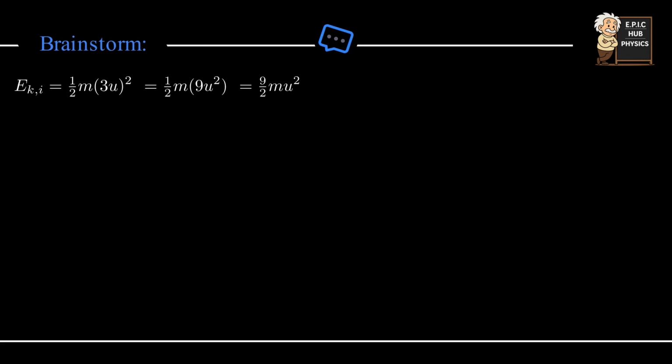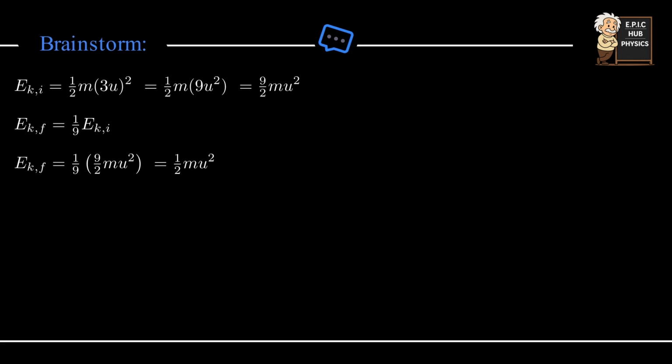Now we are told that after the collision, the object retains 1/9 of its initial kinetic energy. So the final kinetic energy of this object is 1/9 multiplied by 9/2 mu². This simplifies to 1/2 mu².